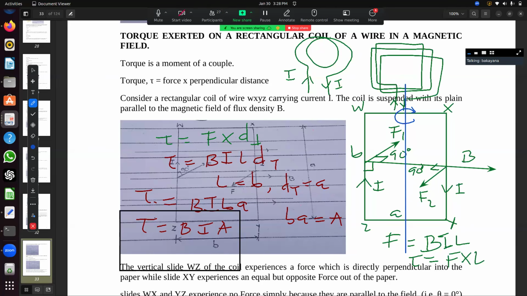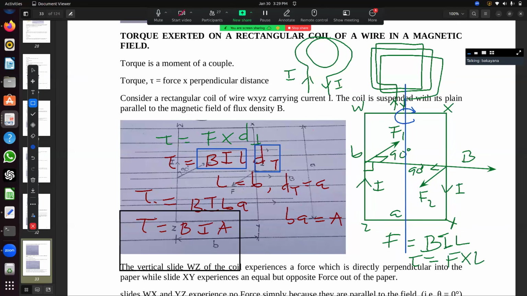The force exerted on a conductor is BIL. We are not adding sine theta because the field and the current are at 90 degrees. So it is simply BIL times the perpendicular distance.